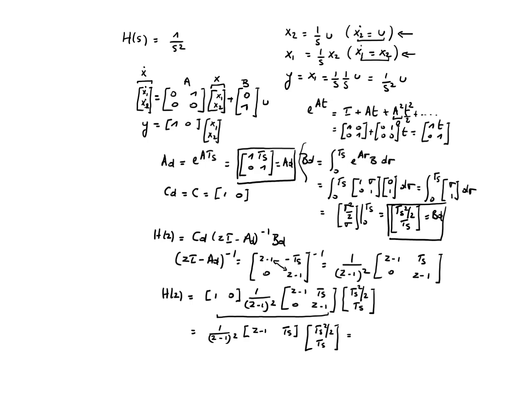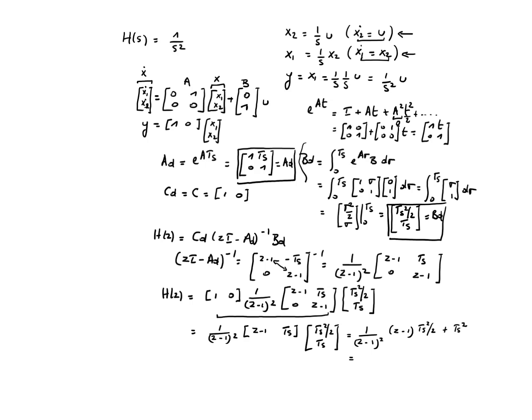So we'll have 1 over (z minus 1) squared, then we'll have (z minus 1) times Ts squared over 2 plus Ts squared, right?